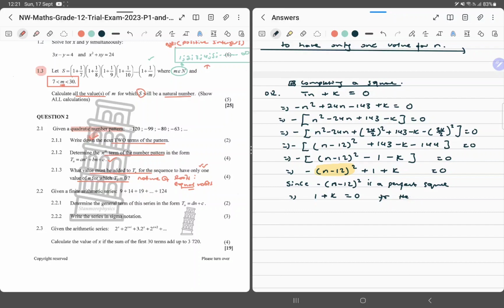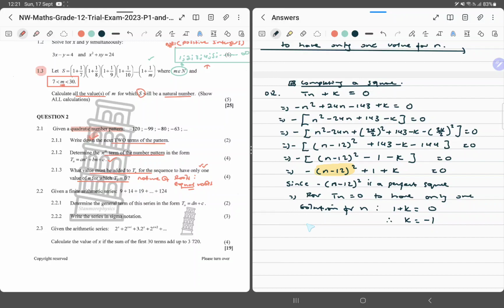We can say this implies that for Tn equal to 0 to have only one solution for n, it is such that 1 plus k must be equal to 0. Therefore, k must be minus 1.